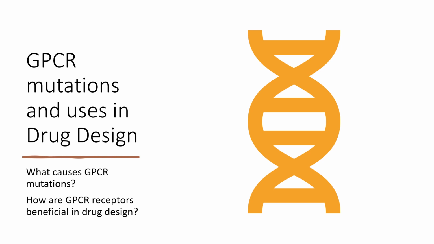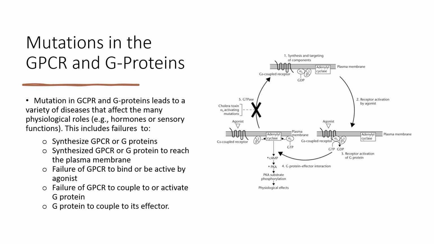So this section will cover what causes GPCR mutations and how these receptors are beneficial to drug design. GPCRs are responsible for keeping our body working properly, such as detecting hormones and growth factors, and keeping our sensory functions working.